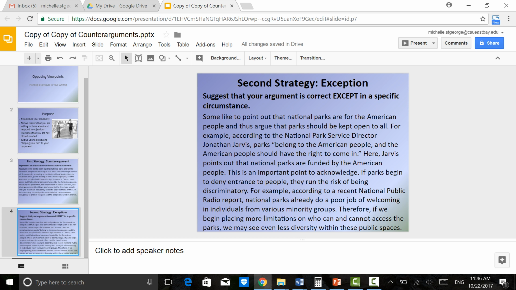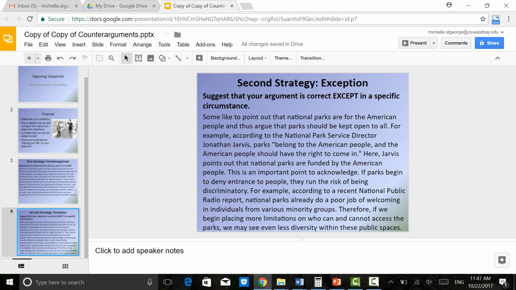Okay, so I hope that you've had time to read the second paragraph, and I want to acknowledge some differences between the first. So notice they begin very similarly. They bring up Jarvis, but then look at the change that happens. In this paragraph, they say this is an important point to acknowledge. If parks begin to deny entrance to people, they run the risk of being discriminatory.